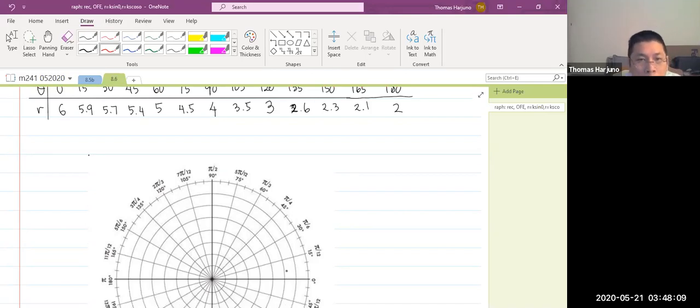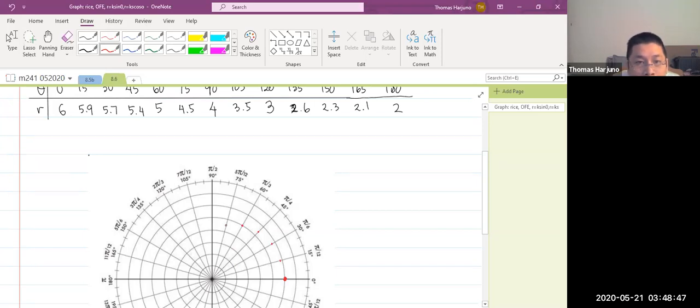That's why on my screen here, I will just show you the top part. When it's 0 degrees, I get 6. At 15 degrees it is 5.9, very close to 6. Then 5.7, a bit further. At 45 degrees, 5.4, a bit less than 5.5. At 60 degrees, that's 5.